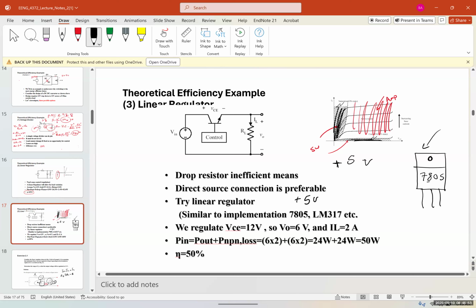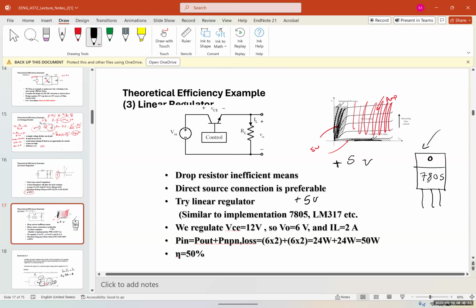The active region was the region that an amplifier works in, and then the cutoff and the saturation region, which is where the switching occurs. If we want to have a switching system, we operate it in these two regions, the cutoff and the saturation, the turn on and off system.